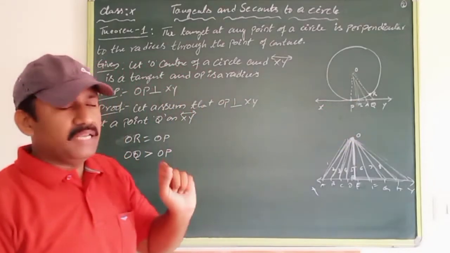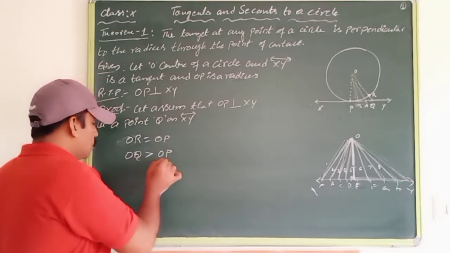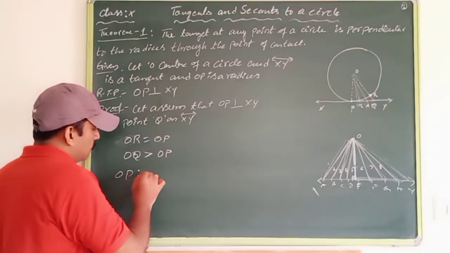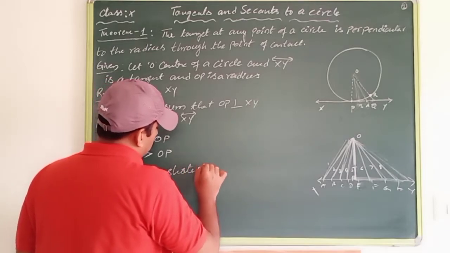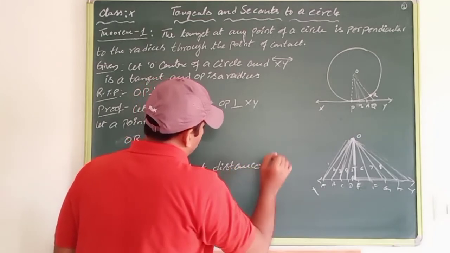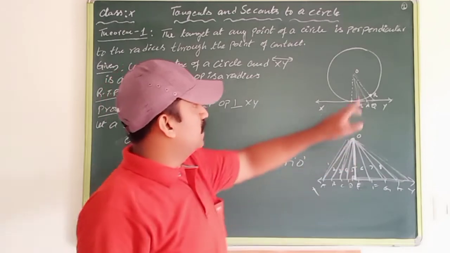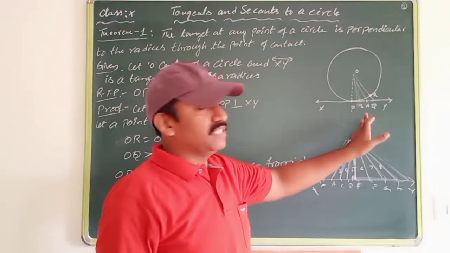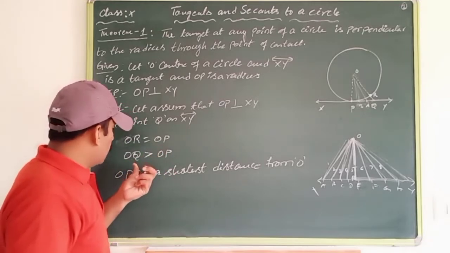So already I said, comparing any other lines, OP is the shortest straight line. OP is the shortest distance from O. I have taken OQ and compared it with OP, so OQ is more than OP.